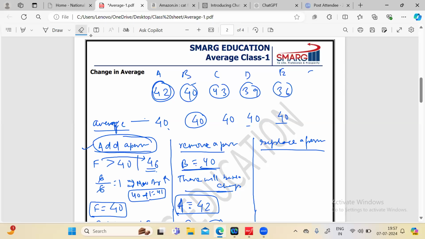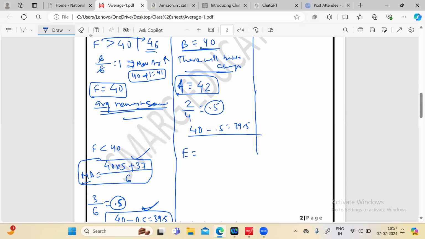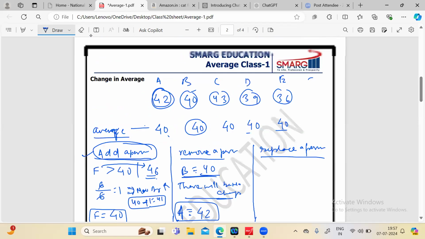What if 36 leaves the group? So what we can see here is, what if E leaves the group? E has a value of 36. So what we see here is the value that E is giving is 36, and the value that we have assigned to E is 40.